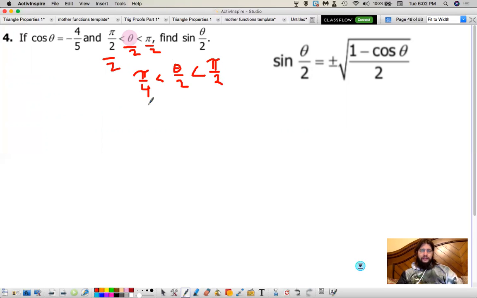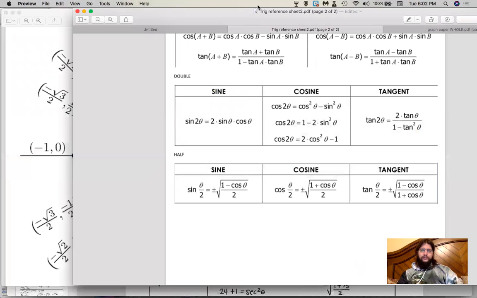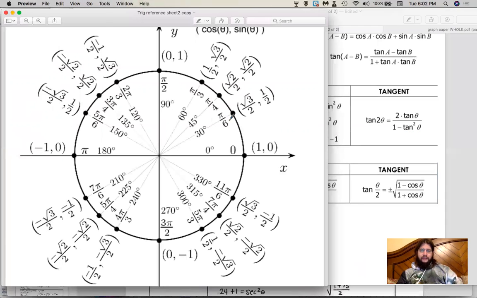So what quadrant is this in? Let's go look at our unit circle. It's from pi over 4 to pi over 2, so it's somewhere in here. So it's somewhere between 45 and 90. So not only do you know which quadrant it's in, but you know it's in this upper half of the first quadrant. That doesn't matter because anywhere in the first quadrant, it's going to be positive.